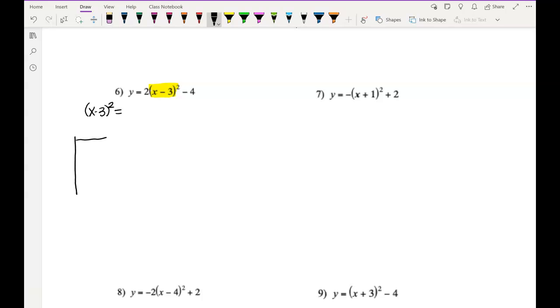So if I do my box, x minus 3, x minus 3, x times x is x squared, x times negative 3 is negative 3x, negative 3 times x is negative 3x, negative 3 times negative 3 is positive 9.